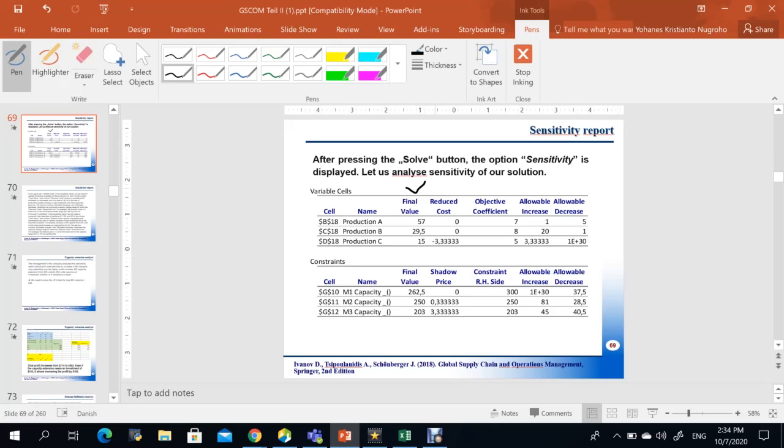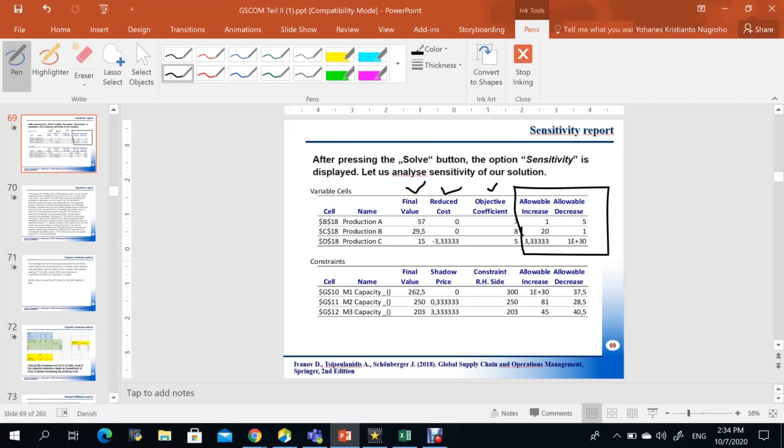The first column, that is here, shows how much profit can change by decreasing or increasing production capacity for each product A, B, and C within allowable range. This is the allowable range. And the objective coefficient column shows the net profit per unit for each product A, B, and C here.